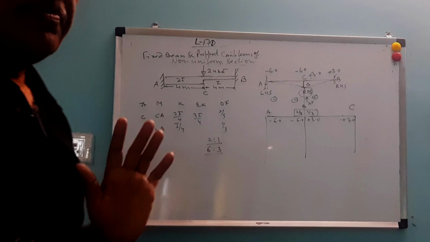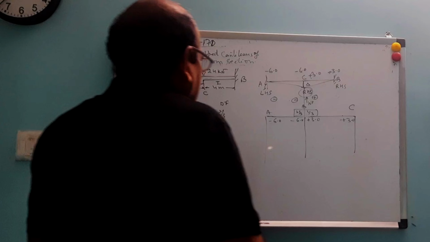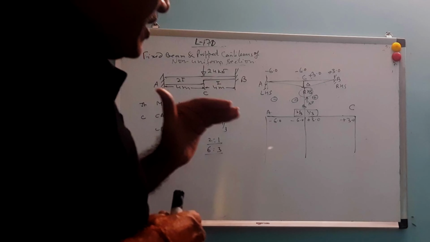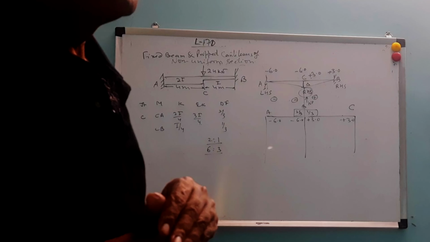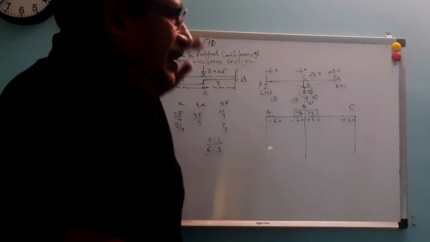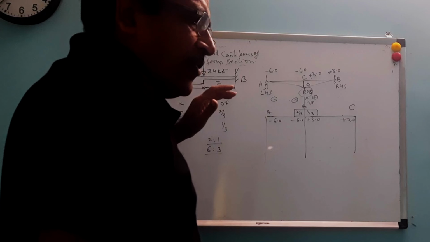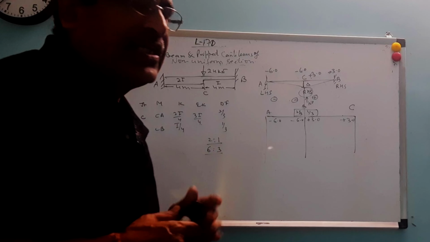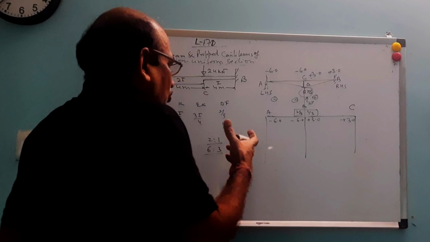So we have adopted this. We are just assuming some moment, and for that moment we try to calculate the sway, that is the vertical sway. So let us solve this problem.